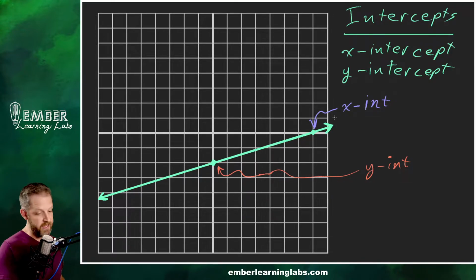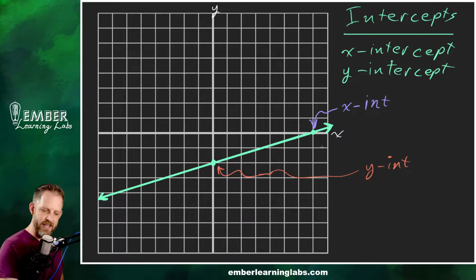In case you didn't know, the horizontal axis is the x-axis, and the vertical axis is the y-axis. Easy peasy, no big deal. So those are the axes. The x-intercept's right there, and the y-intercept is right there.